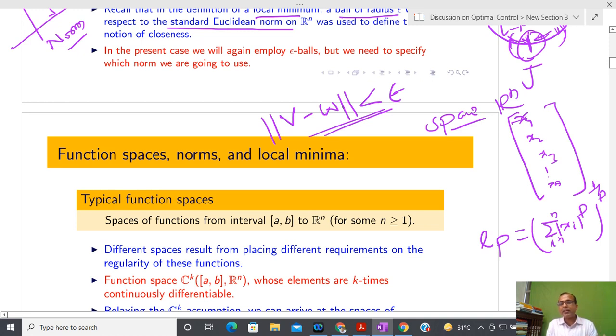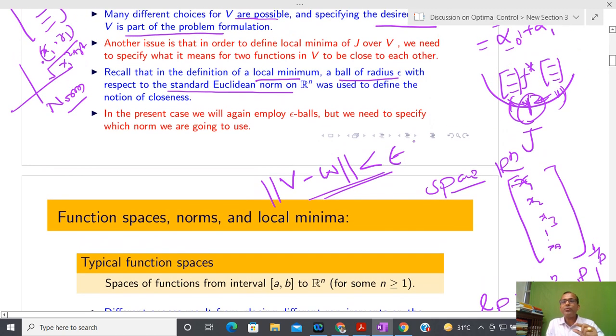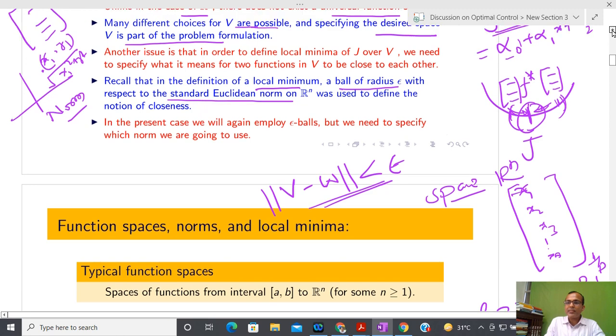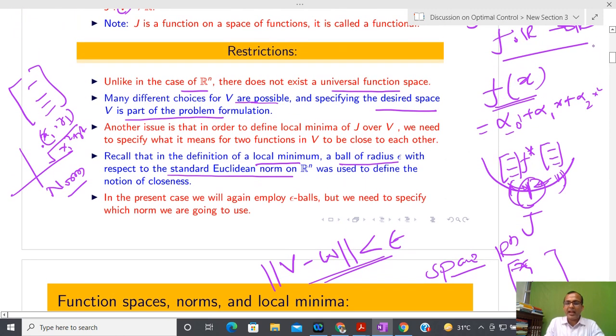But now we are not in this Euclidean space; we are in a space where functions are involved, so we have to check the norm. We have to see how to talk about the distance between two functions. Let us summarize what requirements I have.